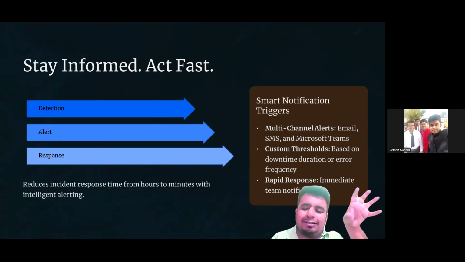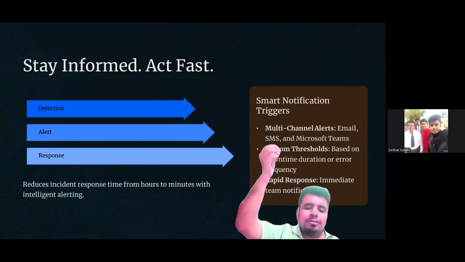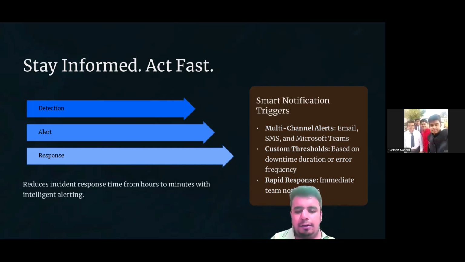That is, if we add the developers team, then they are immediately notified that this kind of error is going on with your website. Kindly review and make changes before any person viewing the website faces an error, right? It reduces incident response time from hours to minutes with intelligent alerting. Okay.